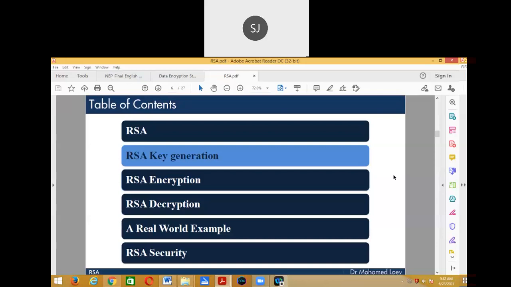But that PIN number, how is it shared with you? You have opened the bank account, yes or no? So you have a debit card. How is that PIN number shared with you?